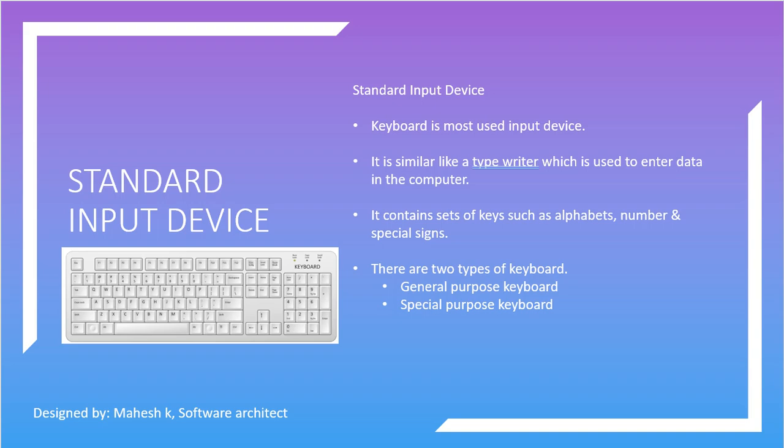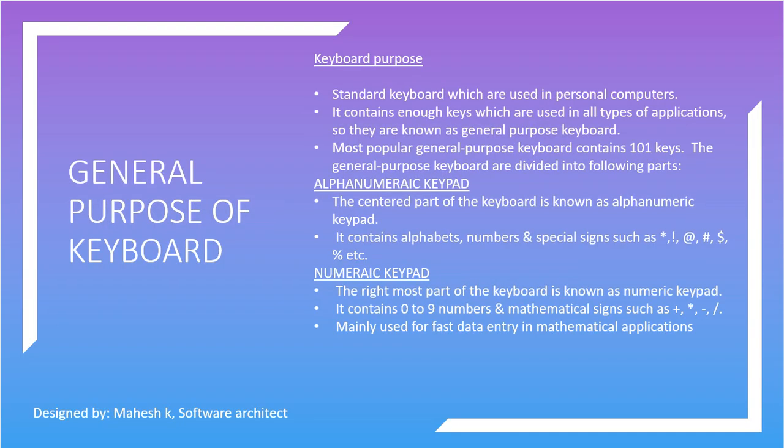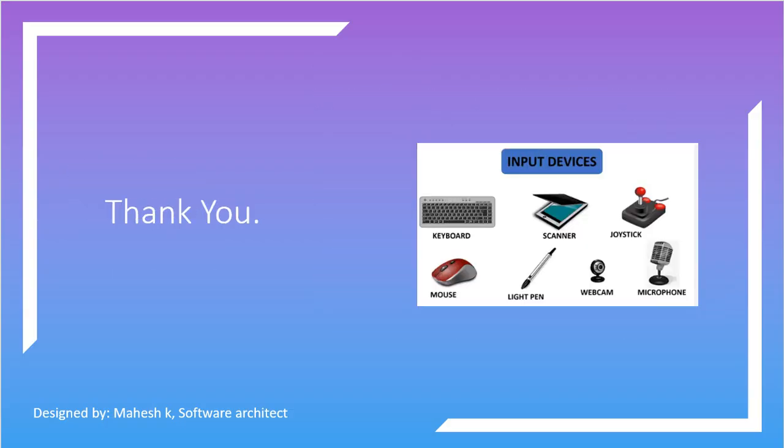Then we learned about the standard input device, the keyboard, general purpose and special purpose keyboards. In the general purpose keyboard we have 101 keys, with the alphanumeric keys and numeric keypad, all defined for faster data entry.